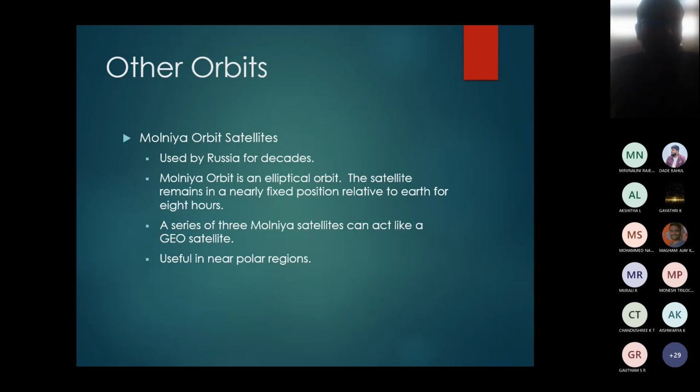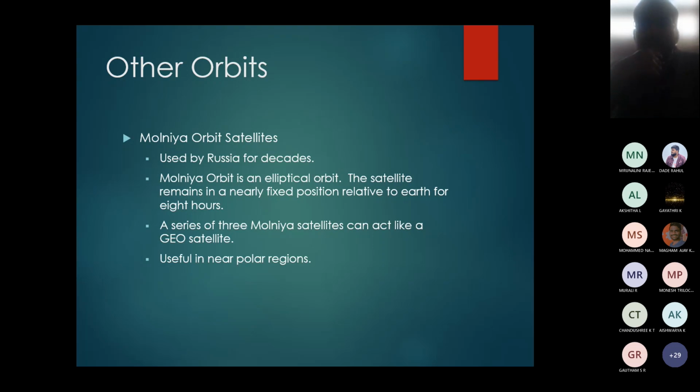Another type is called the Molniya orbit satellites. Particularly, these are the inclined satellites or the polar satellites, which northern hemisphere countries like Russia are using. So that is called the Molniya orbit satellite.